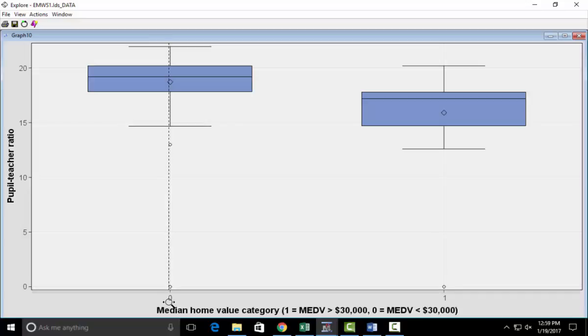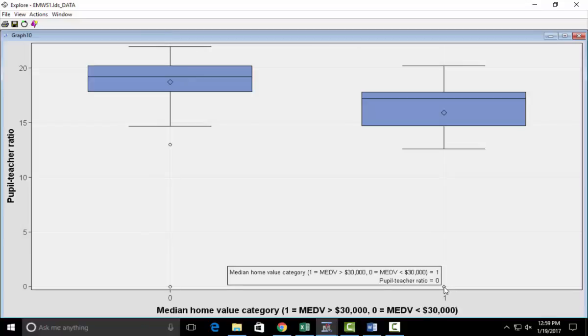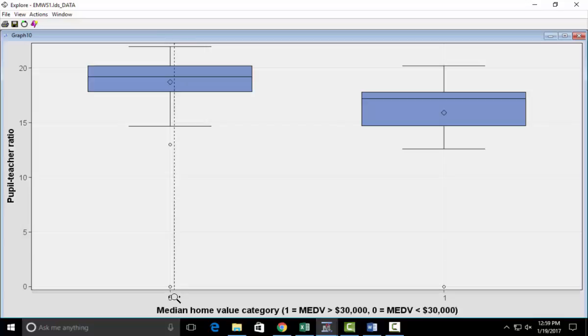So this is a problem, and they occur under MEDV equal to 0. So this allows you to identify the problem observations. Here also we have, so it occurs in both 0 and 1. So pupil teacher ratio equal to 0 here.